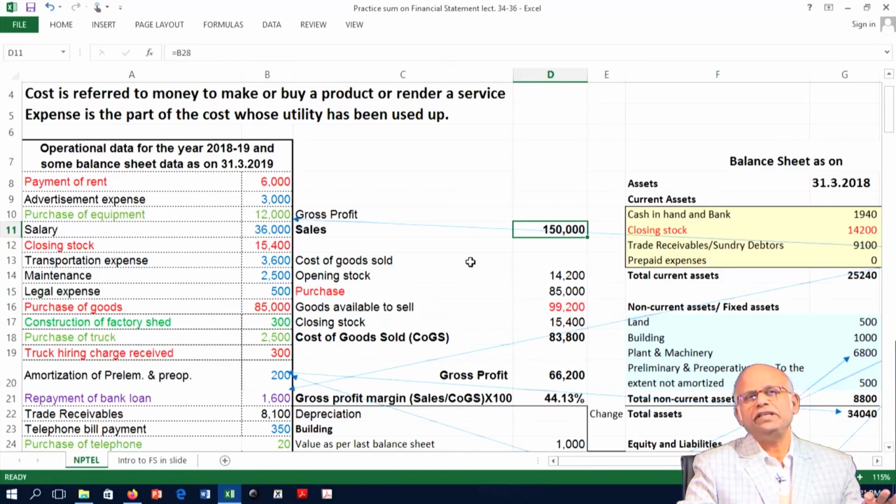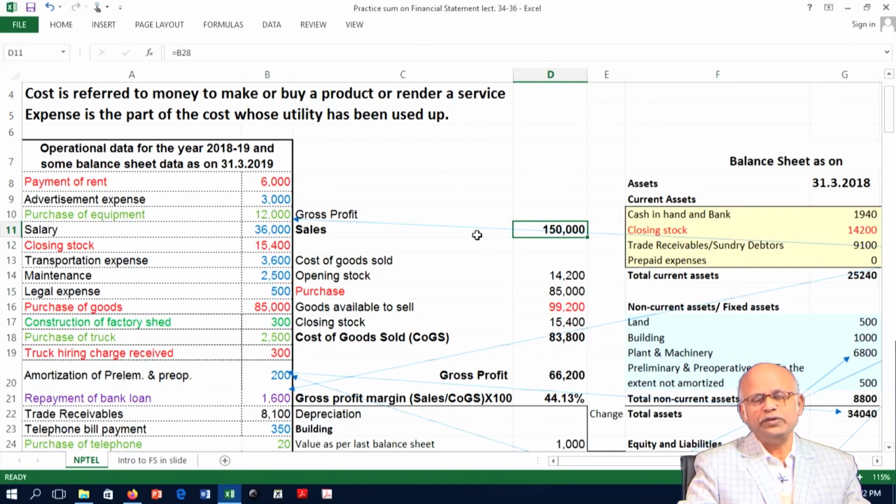See, every year you buy some goods, and out of that you sell some. We are assuming a trading company, where you buy some goods and sell out of them, and some remains unsold at the end of the year. Even from the previous year some goods remain unsold, and that will remain in your balance sheet as closing stock.